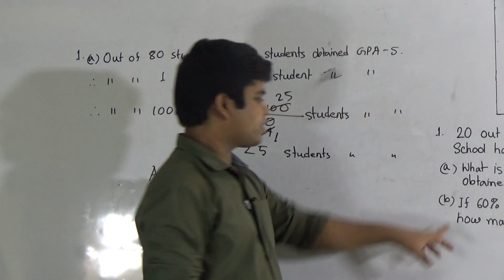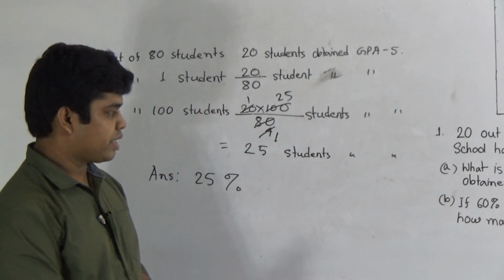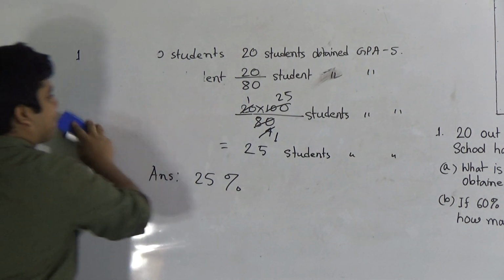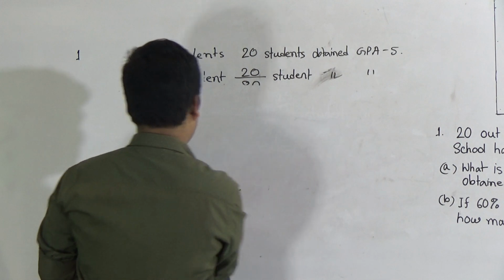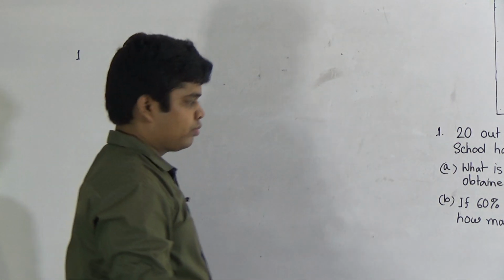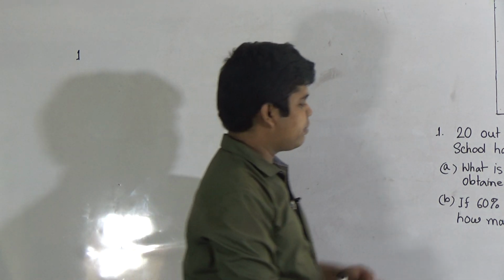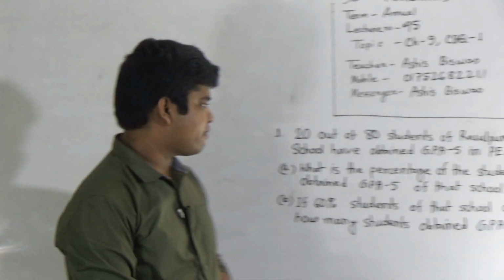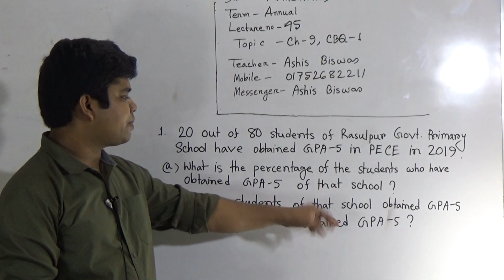Next we shall solve question number B. In order to solve question number B, I erase question number A. What is question number B? If 60% students of that school obtain GPA 5, how many students obtain GPA 5?